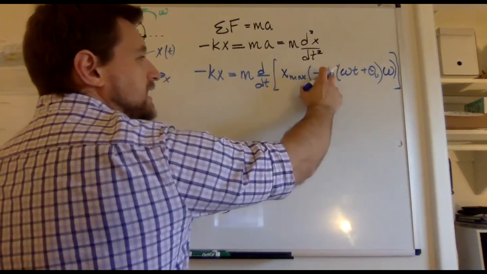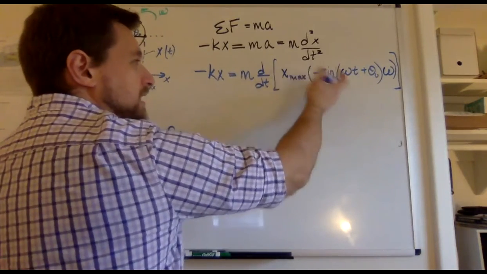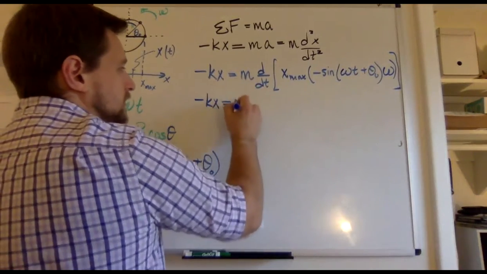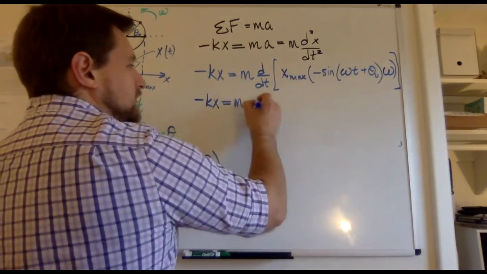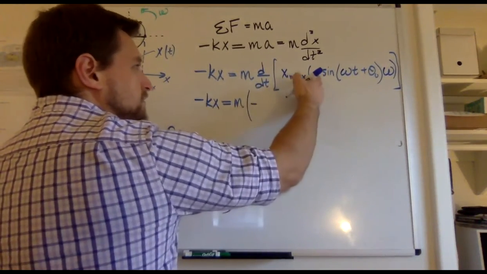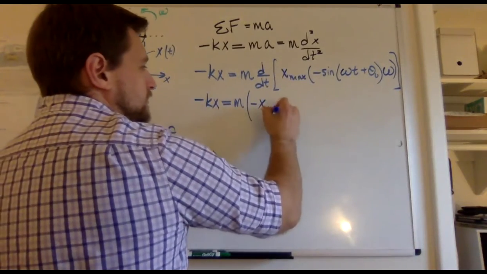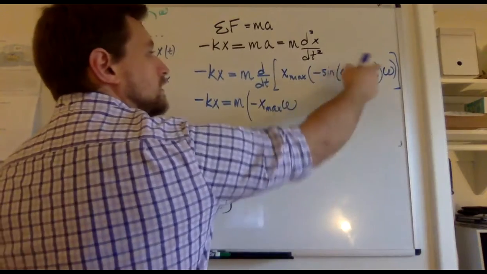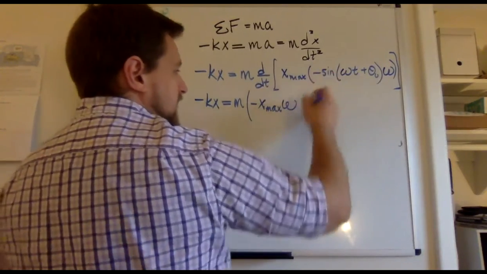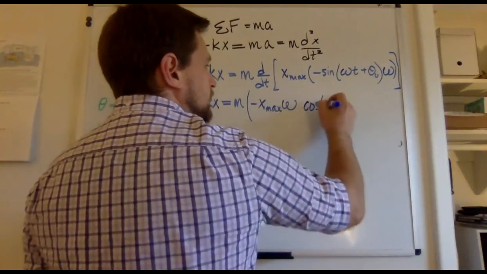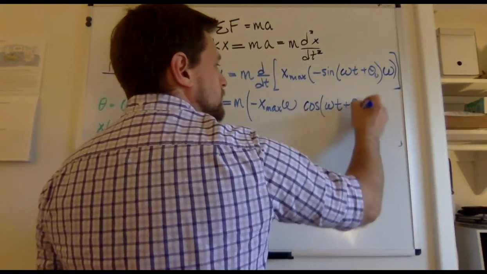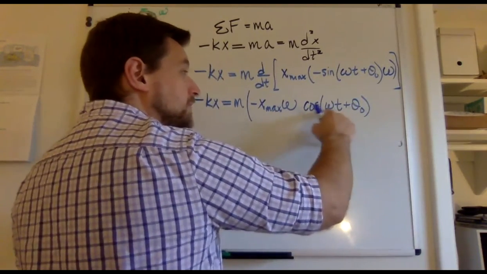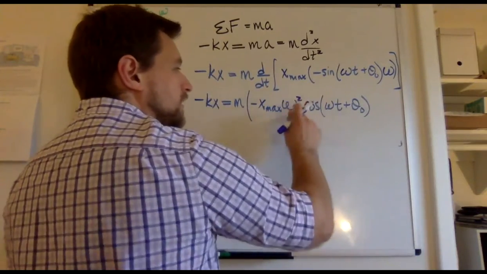The derivative of sine is cosine, so we've got a minus sign there left over. Negative kx equals m. So we'll get a negative sign from here, and x max, because it's just a coefficient, and the omega that we've got there, times the derivative of sine, which is cosine, keep the argument. And then again, we need the chain rule here. We're going to get another factor of omega multiplied. Let me make it omega squared here.